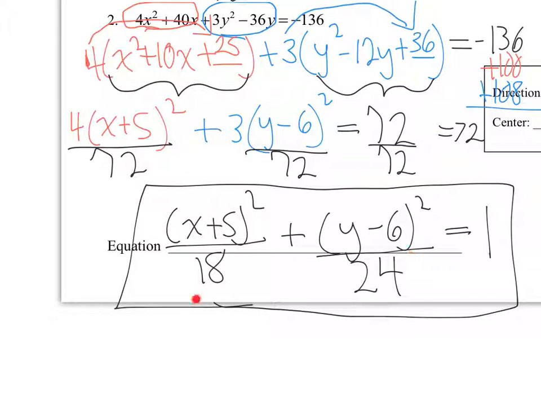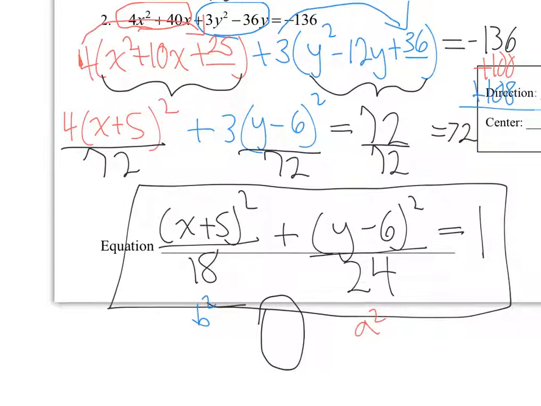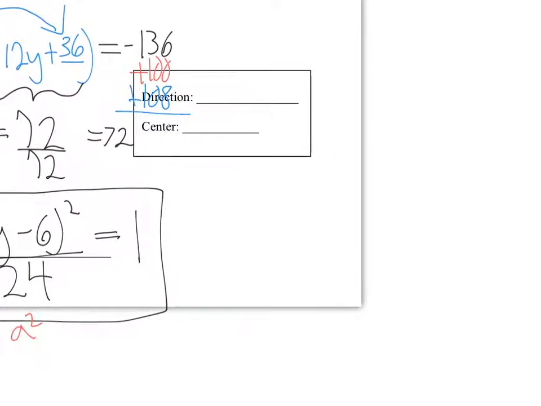This looks exactly how it did before, where our a squared is the 24 and the b squared is the 18. So that tells us, since the bigger number is with the y, this would be a vertical ellipse. The question asked was the direction and the center.